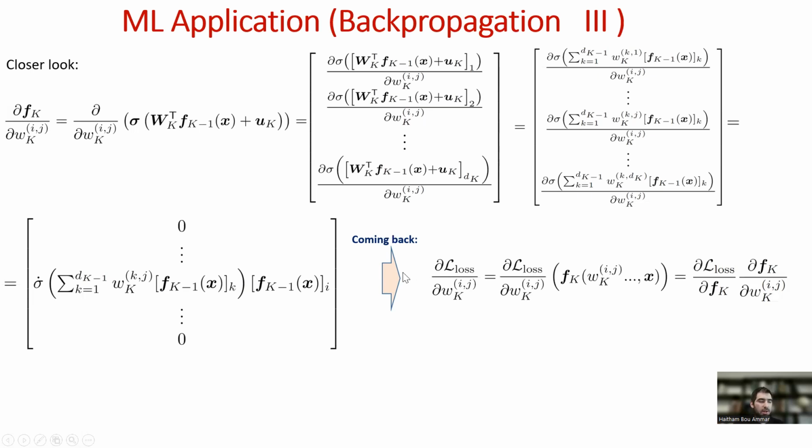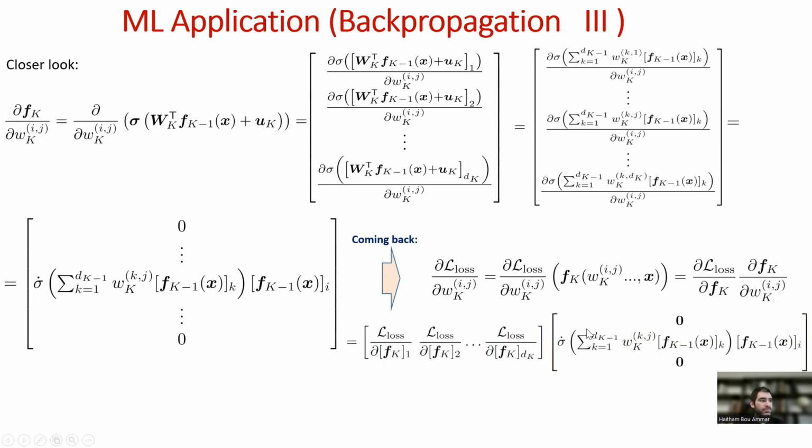Hence we can derive that the derivative of the loss function with respect to the ij entry of the kth layer can be broken down, using the chain rule, as a product of these two terms, where the first term is the gradient. I should also specify that there is a typo where we missed the partial derivative operator sign, so it should be the partial derivative symbol everywhere here.